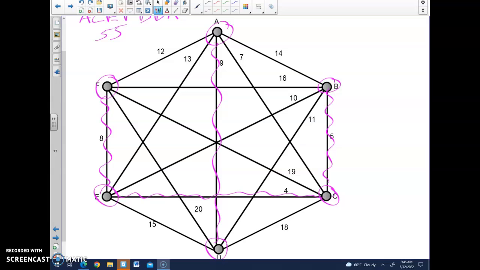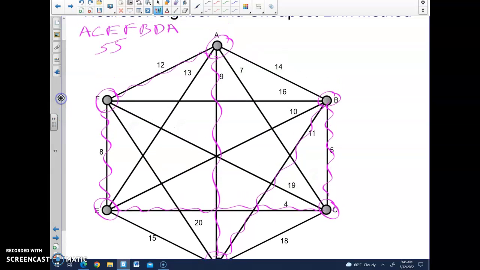The next one is 10, but I can't have 3 lines coming from me, so that's no good. The next one is 11. The next one is 12, and I believe that ends up being our answer. Yep.